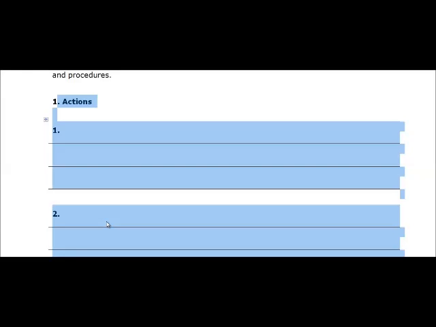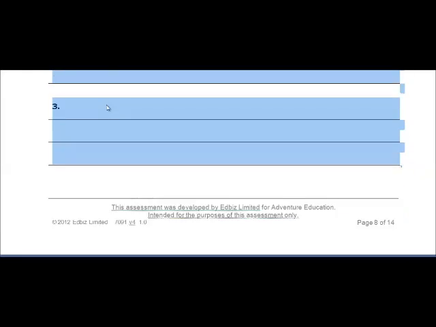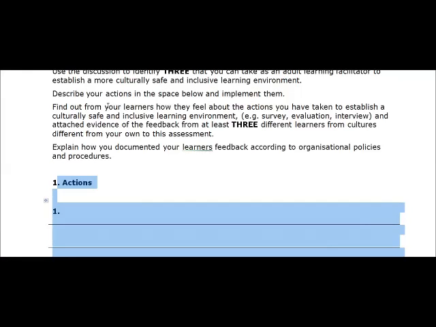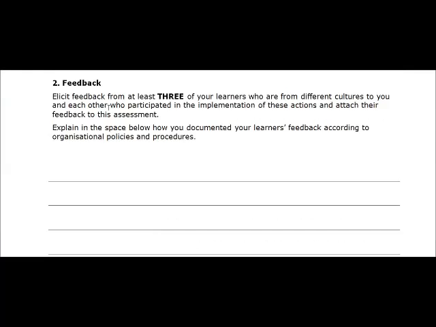I made sure I didn't use activities that involved contact between male and female for the learner or learners who were Muslim. So you just need to jot down what those actions were, at least 3 actions that you took.